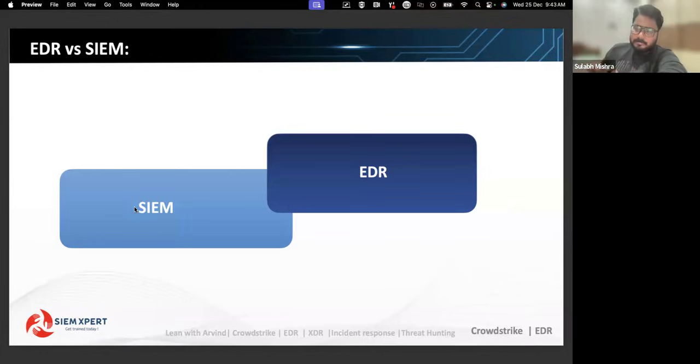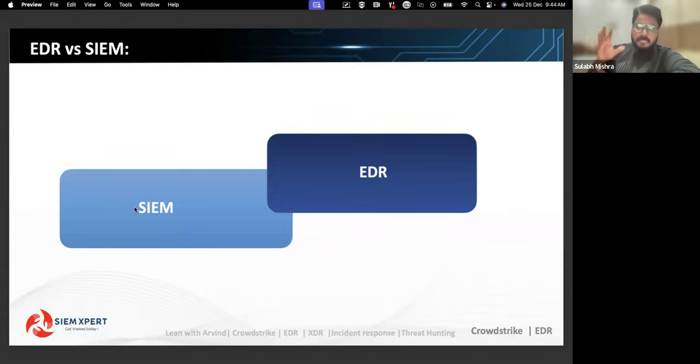First things first, SIEM is a different solution. I'm not going to talk more about SIEM because you already have that training covered and you are well aware of what a SIEM is. But coming to the EDR, first, you have to enforce some policies.